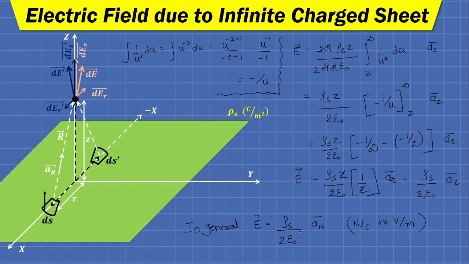Fine, but in the final equation we are not having any term of z. So at any point the value of intensity will be constant, and that value will be rho s upon 2 epsilon 0. See here our point P is on the upper half of the plane. Fine, so the intensity will be in the direction of az bar.